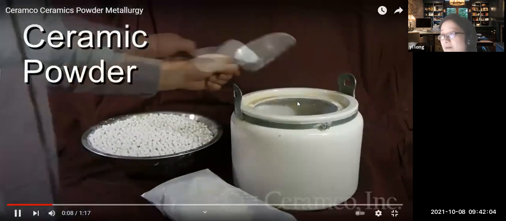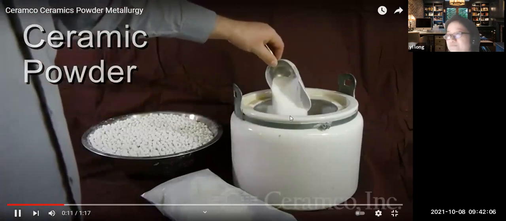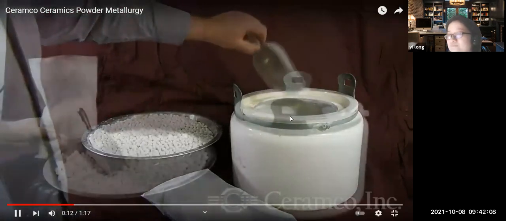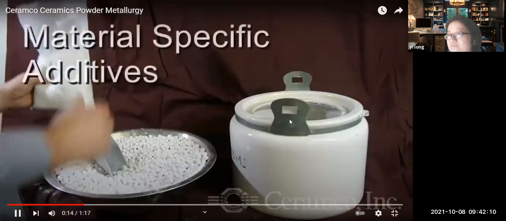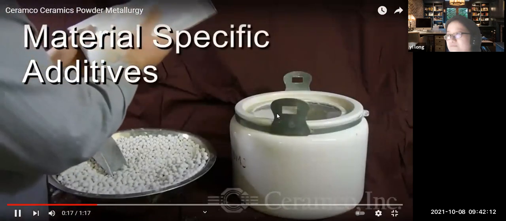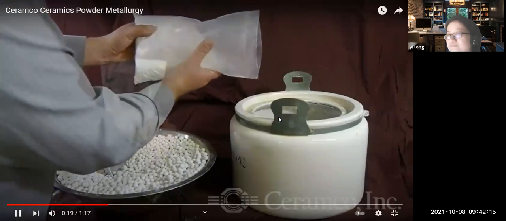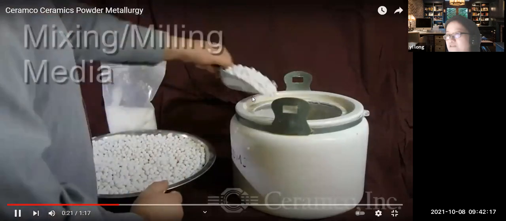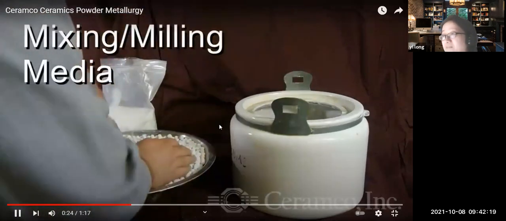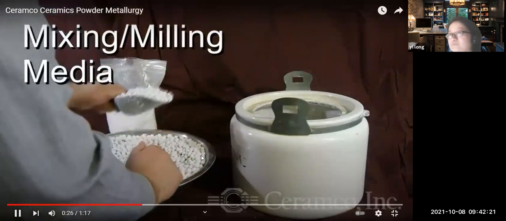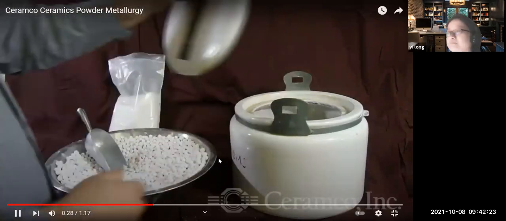This is ceramic powder. The additives, and these are the grinding media. Use these to crush the ceramic down.